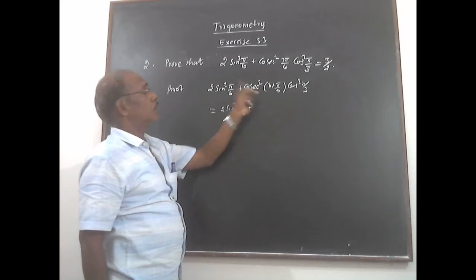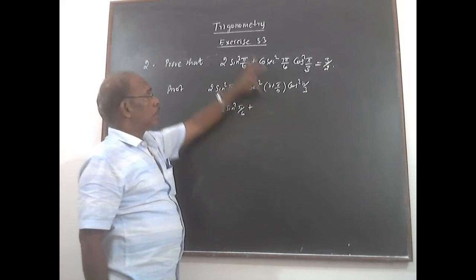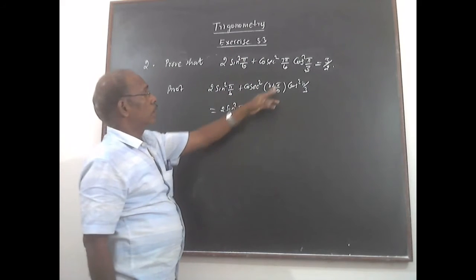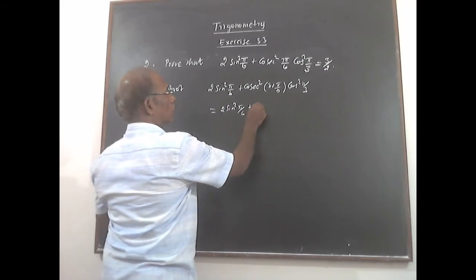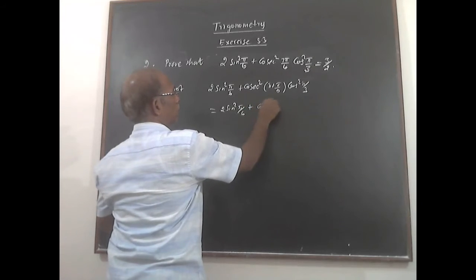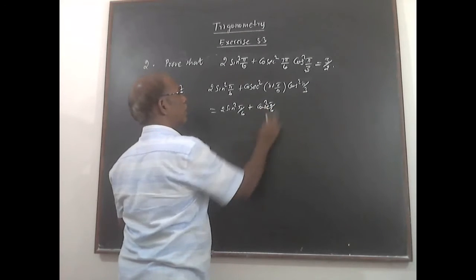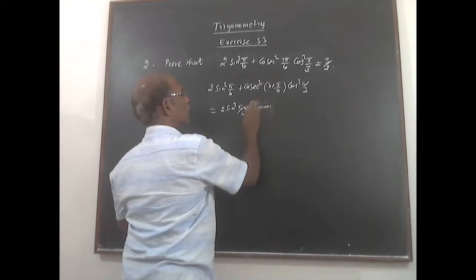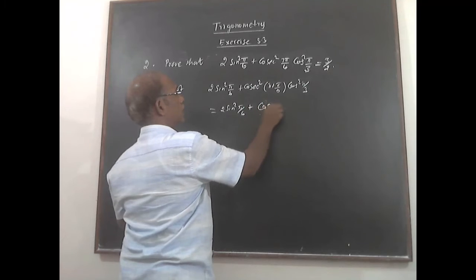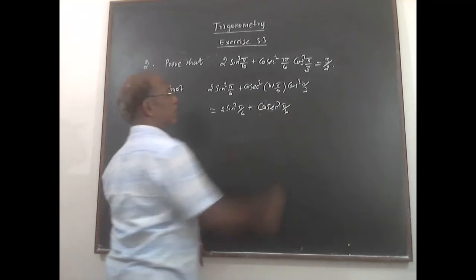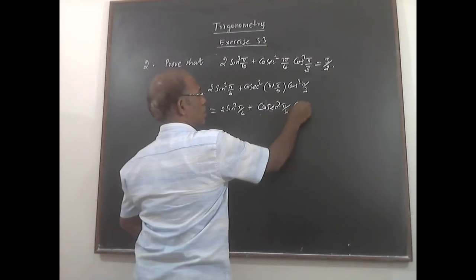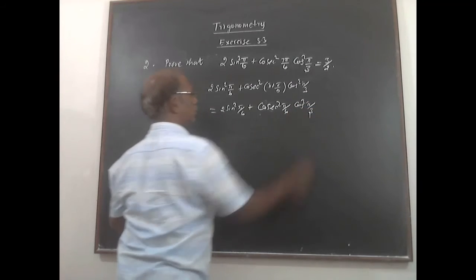In the third quadrant cosecant is negative, but cosecant square is positive. So cosecant square pi by 6, into cos square pi by 3.